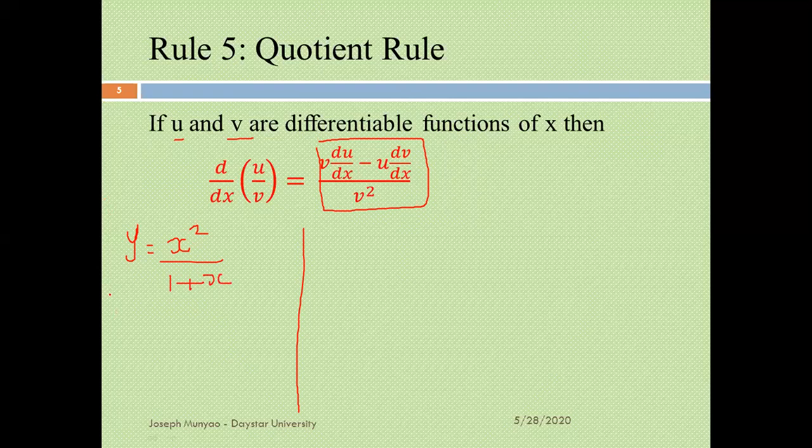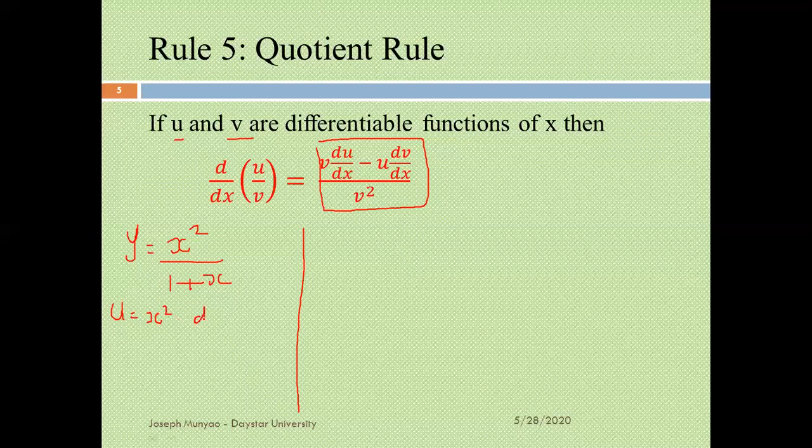In this case, my u becomes the numerator. u is equals to x squared, meaning that my du dx is basically 2x. Then my v is the denominator, 1 plus x.